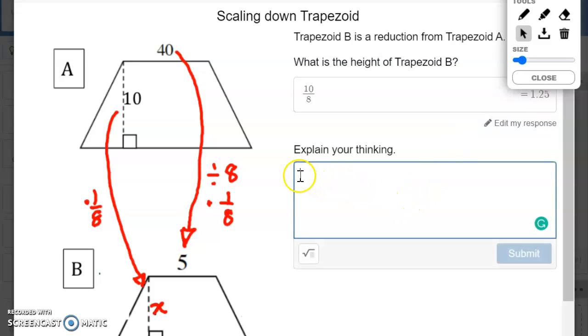To explain my thinking, I know that the linear scale factor from the original to the reduced image is 1/8. So I multiply 10 by 1/8, and that's what I would get.